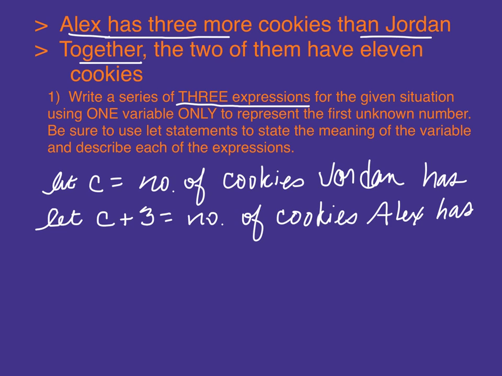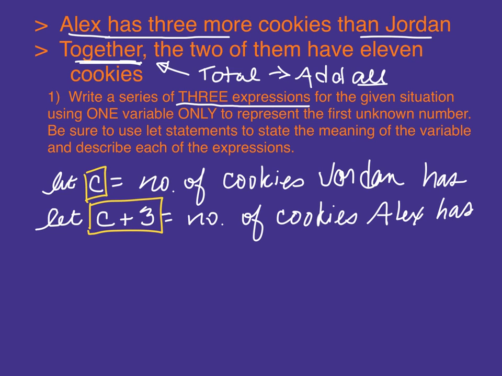Now I know a number of you got stumped on this third let statement. Well, let's think about this. We know together. Well, that indicates that it's a total. And I'm sure everybody here knows how to find a total. You find a total by adding all of them together. So all of them in this case is how many Jordan has, which is C, and how many Alex has, which is C plus 3.